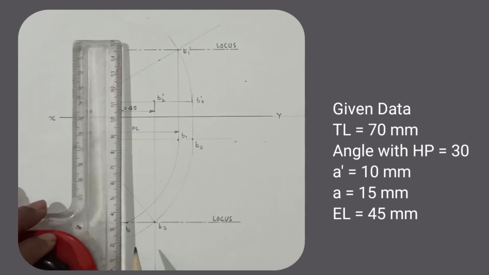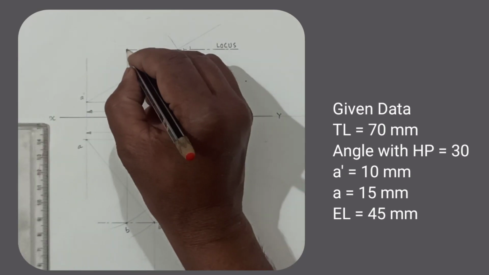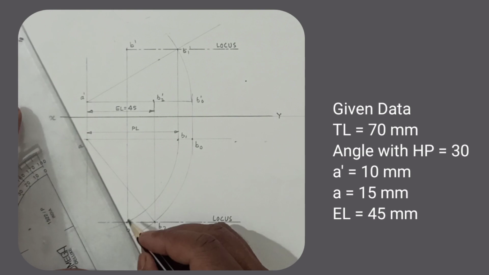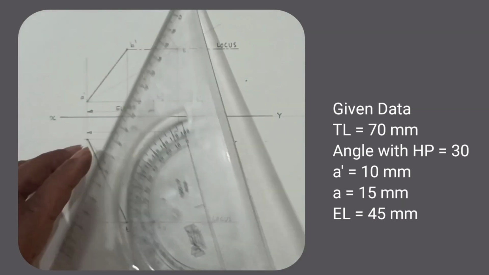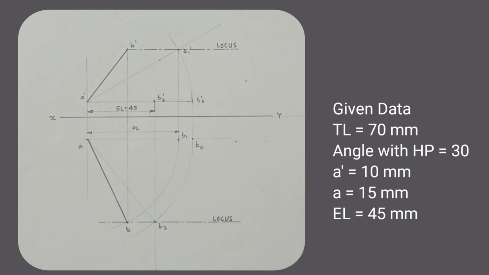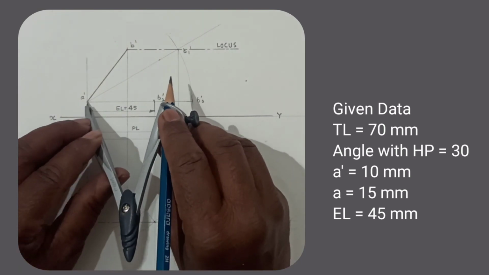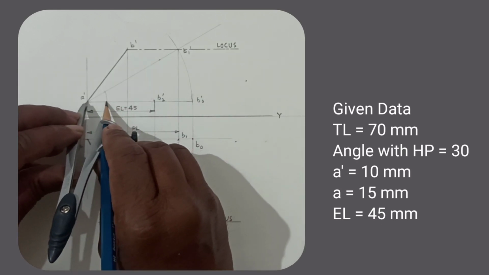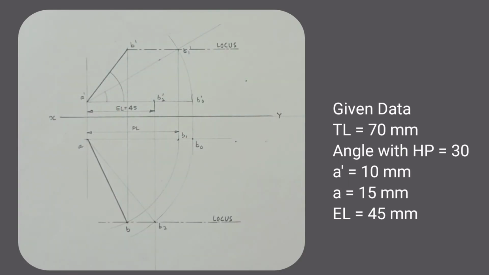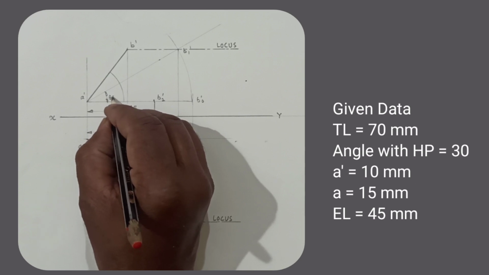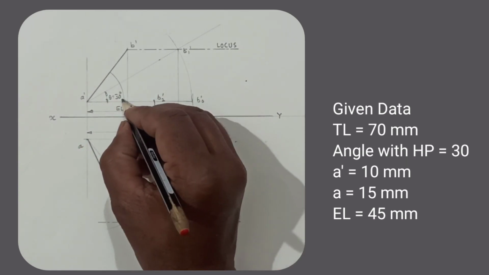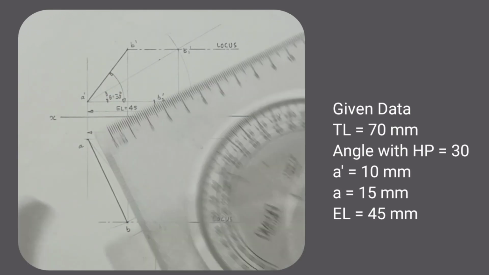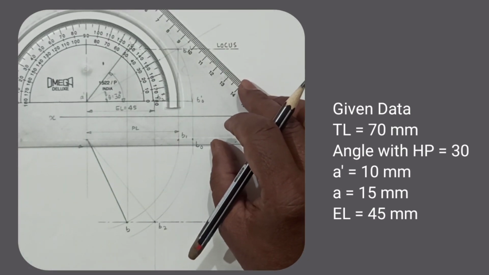Now to draw the final top view, shift this plan length, and in the front view shift the elevation line to draw the final front view. Mark the corresponding angles, that is theta, the true angle with HP, and alpha, meaning the apparent angle made by the line with XY or with HP.